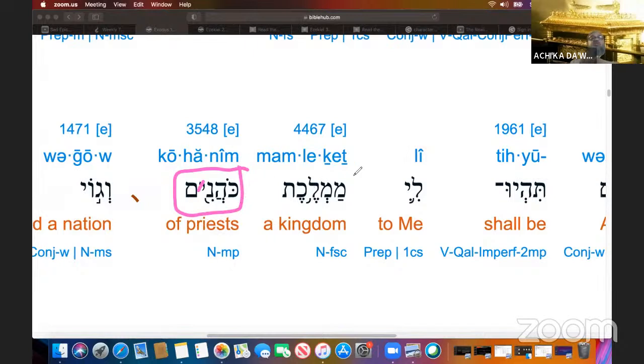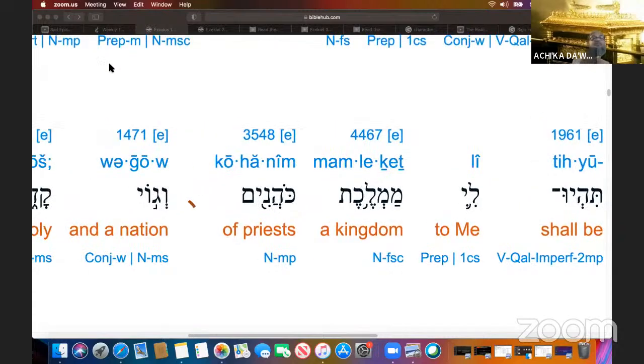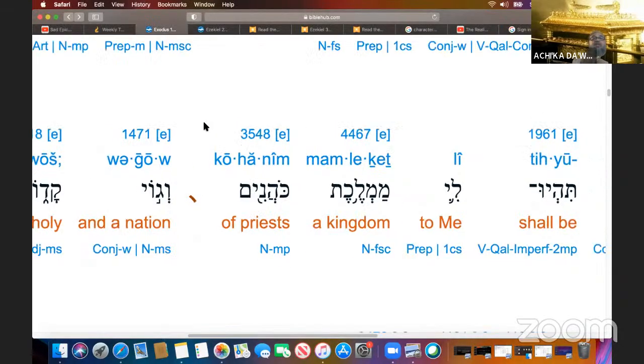That's who you're going to be. You're going to be a kingdom of priests to me. That was the goal to me, all of you. Not just the mothers and the fathers and everybody. He says to me, a nation. That's the goal. He's not just talking to the males, he's talking to everybody.